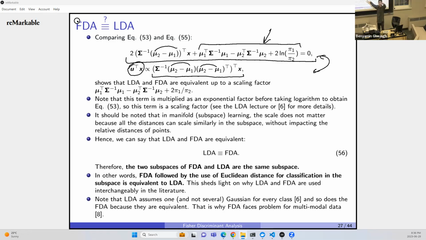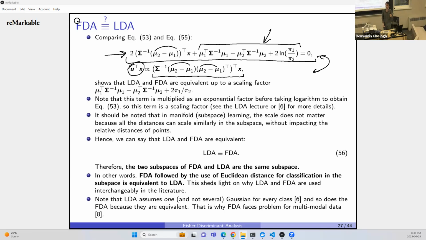So I have some classes in the input space. I use LDA. In input space, this is the decision boundary. On the other hand, I project these classes onto the Fisher discriminant analysis subspace. I will have some projected classes. Then for every point in this subspace, I use the distance from the means of the classes in the projected space for classification. Then these two are equivalent.